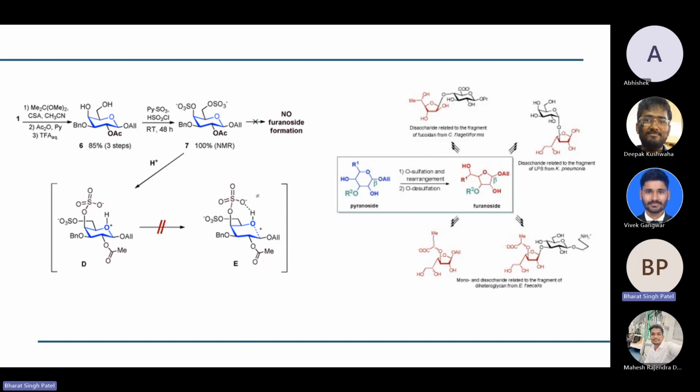So they concluded in that paper that C2 and C4 should be free to undergo sulfonation, and that is what forces the furanoside formation. They also did many examples of glycoconjugate synthesis, having the furanoside as a building block.